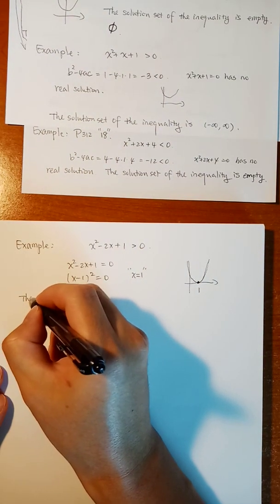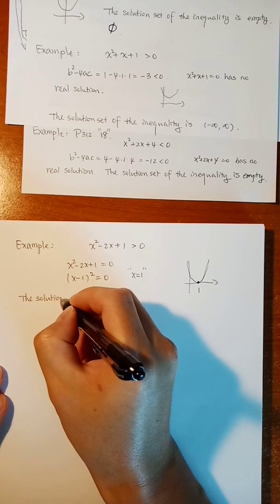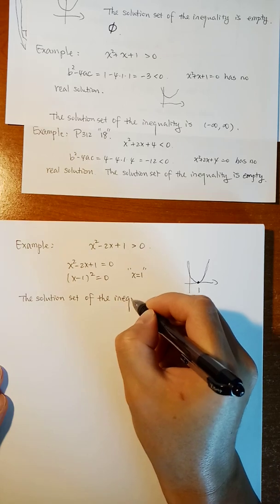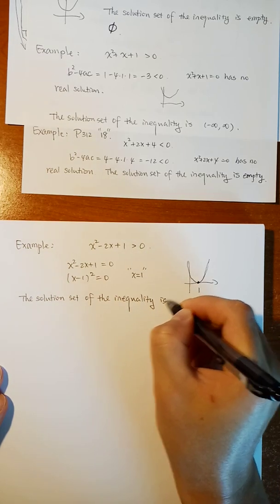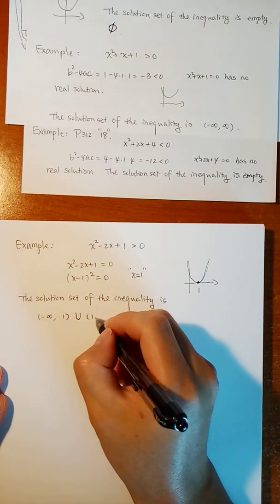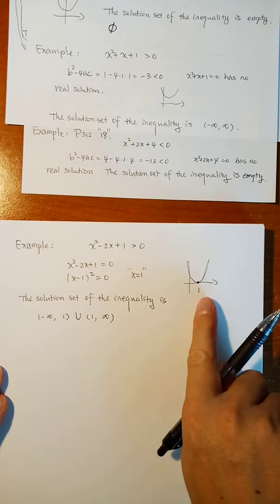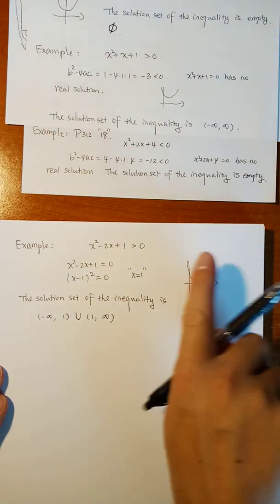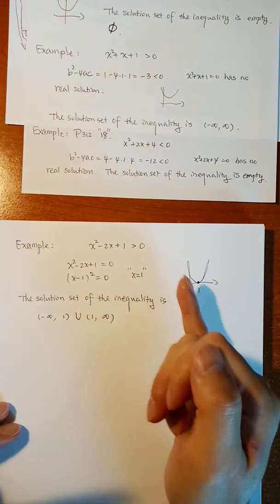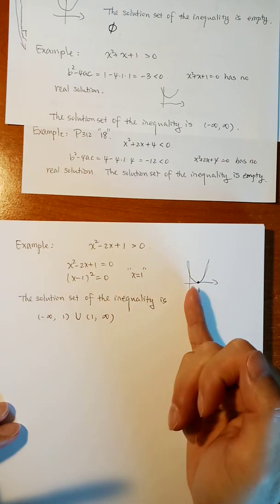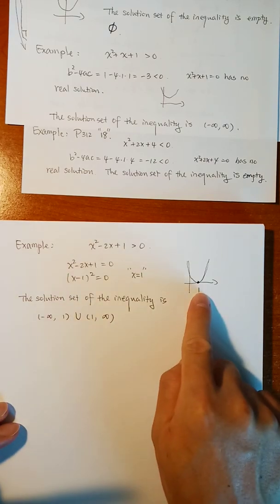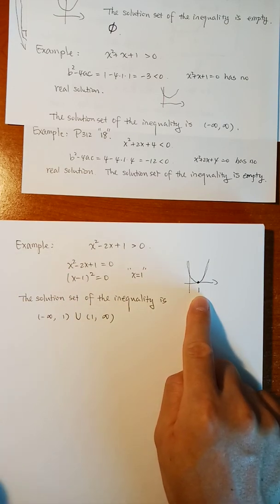So the solution set of the inequality is from negative infinity to 1, union from 1 to positive infinity. This 1 is the greater solution, so you choose the right branch of the greater solution. 1 is also the less solution, so you choose the left side of the less solution. So basically, by this trick, you just remove number 1 from the number line.